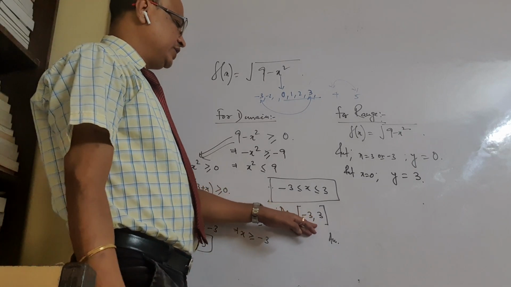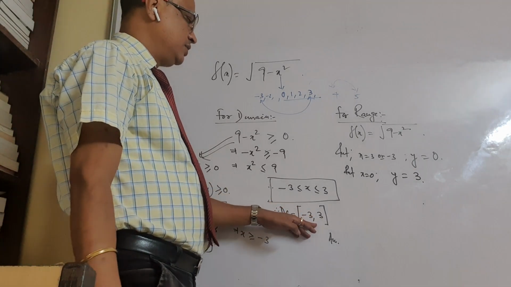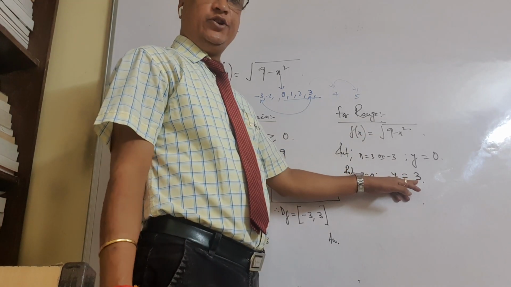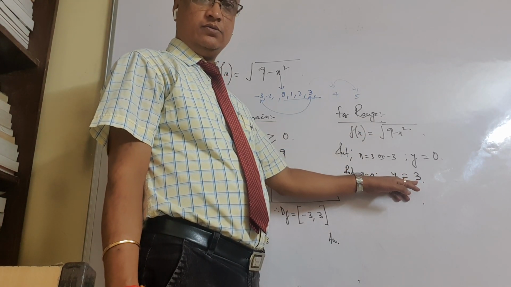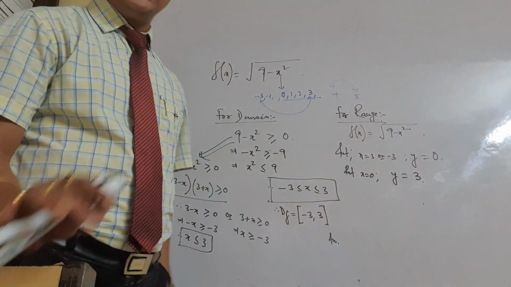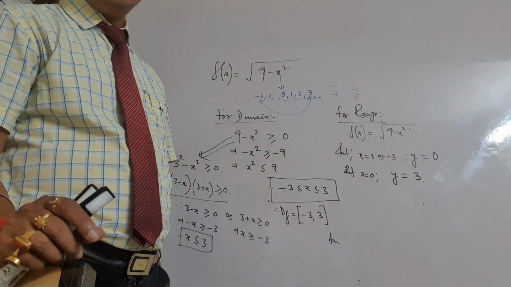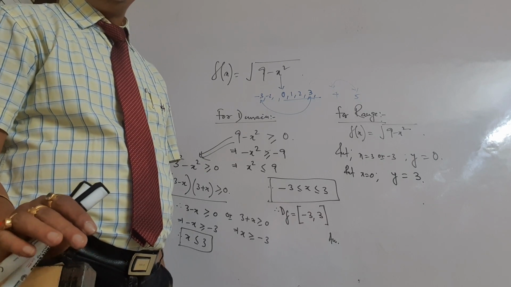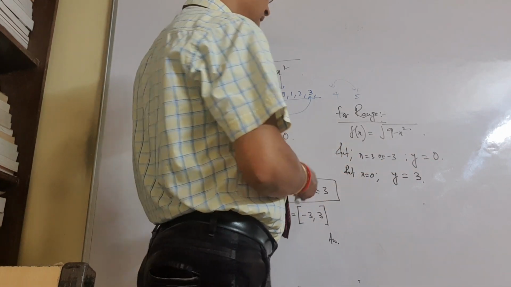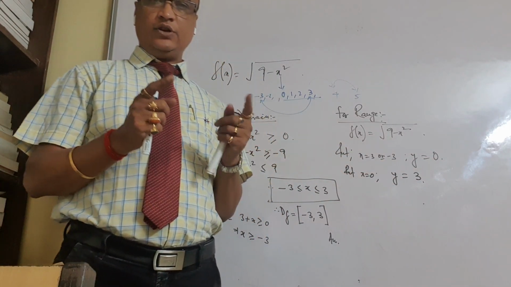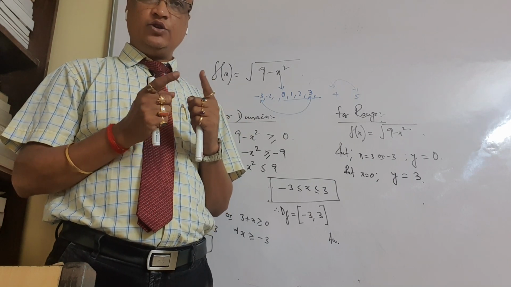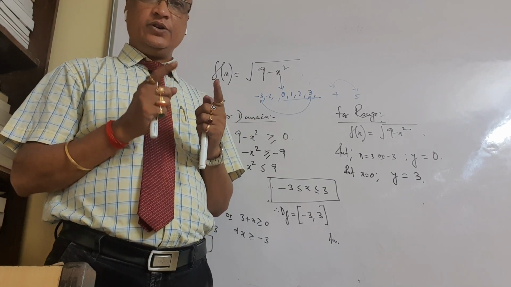If you take any other number from here, can this function value be greater than 3 at any cost? No. And at the maximum, if you take 3, then it will be 0. So that means the values of y always lie between 0 and 3.